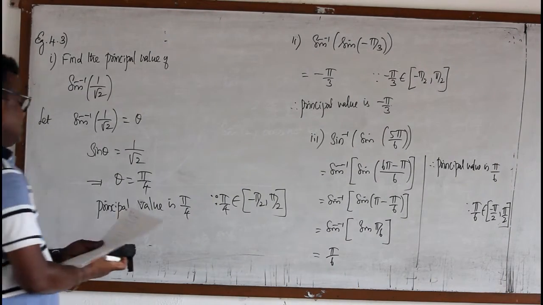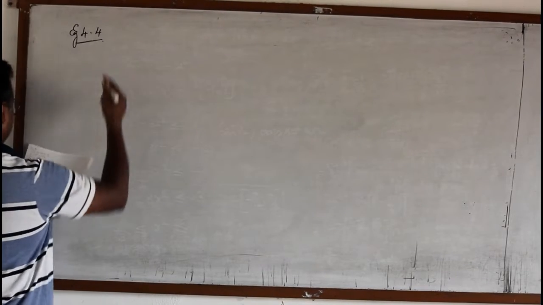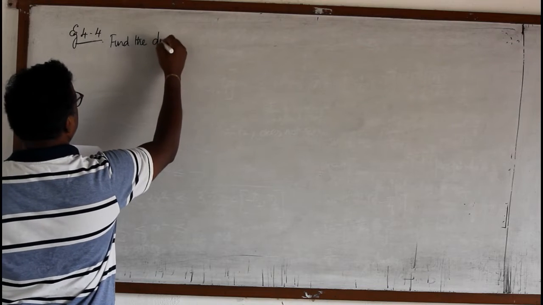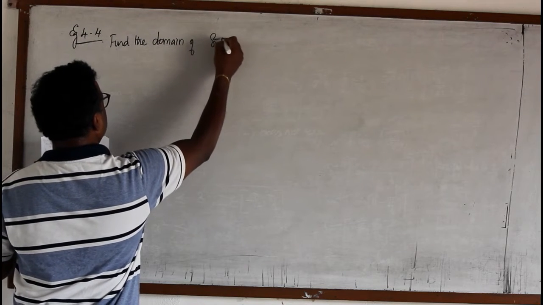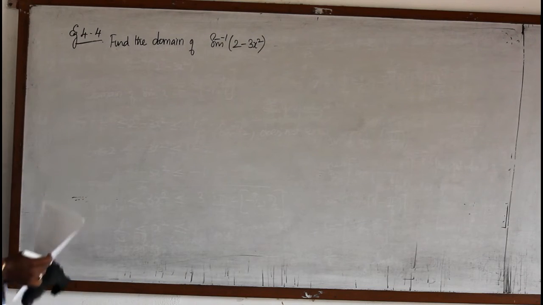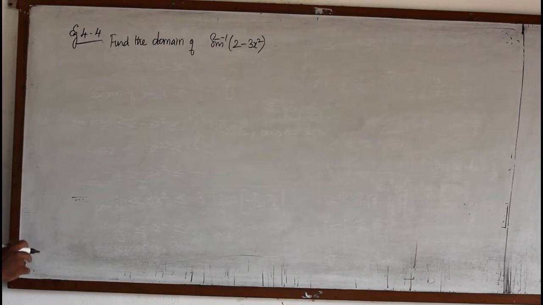Now we should go for example 4.4. Find the domain of sine inverse of 2 minus 3x square. That means I must say where this x is taken, so it is called the domain.